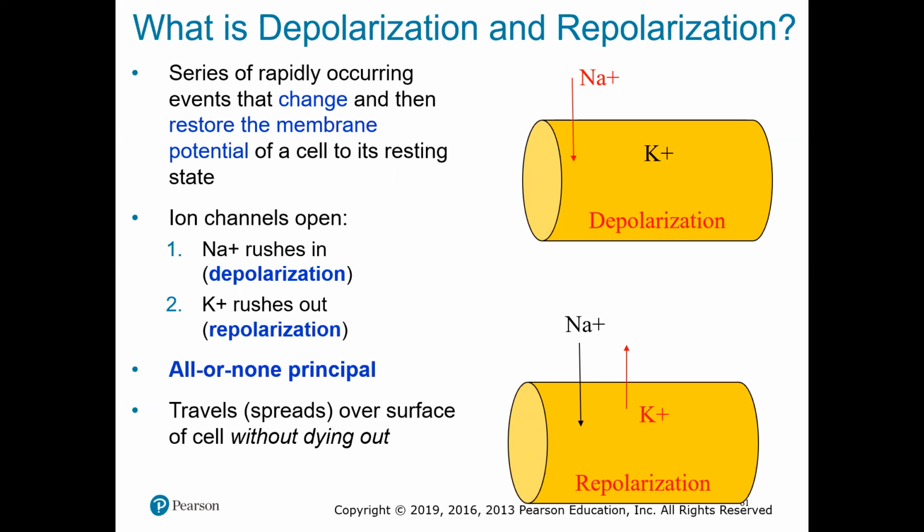So if the outside of the cell is positive, the inside is negative, sodium comes in, and now the inside of the cell is positive and the outside is negative. Repolarization is when potassium goes out to reestablish the positive charge on the outside.